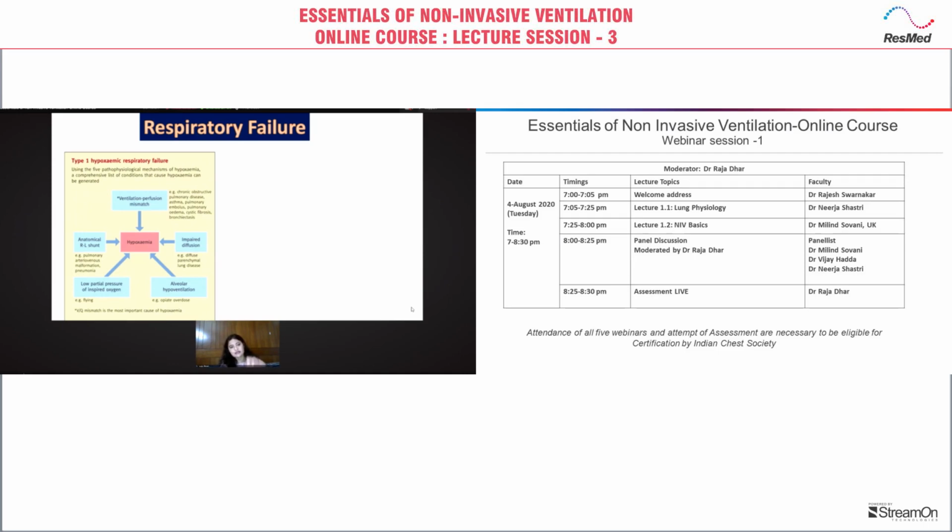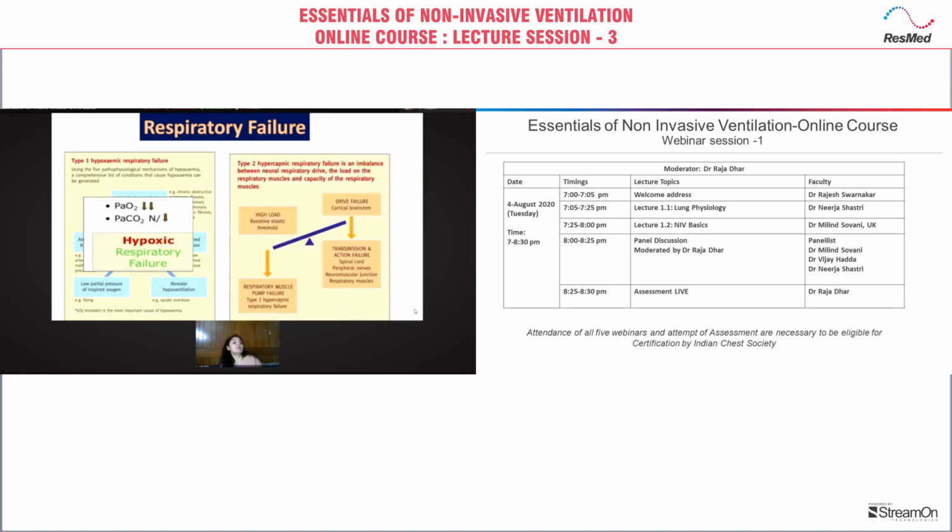I'm going to discuss at least the 3 important ones: VQ mismatch, shunts, and impaired diffusion. This lung failure develops what is called hypoxemic respiratory failure, which is type 1, where PCO2 may be normal or decreased.